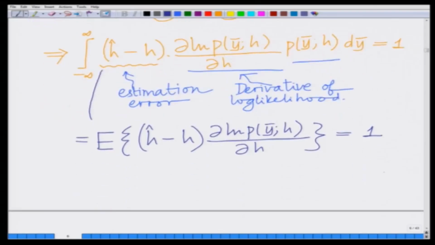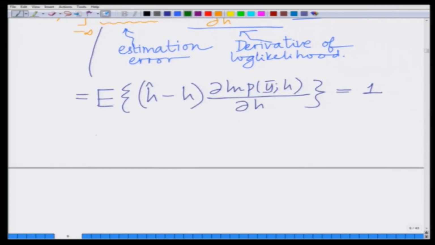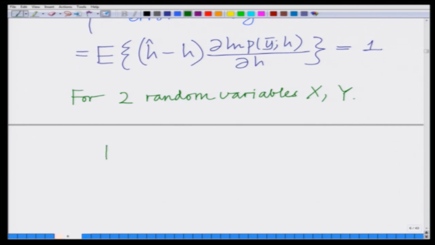And now we can use the Cauchy-Schwarz inequality, which states that for any two random variables x and y, the square of the expected value of the product x y must be less than or equal to the expected value of x square times the expected value of y square.